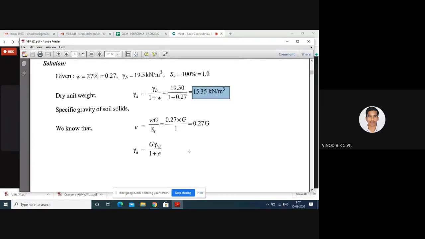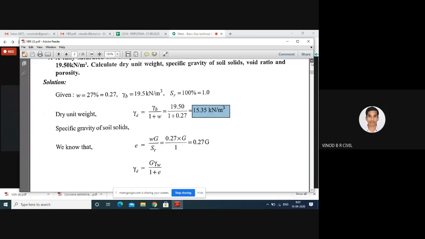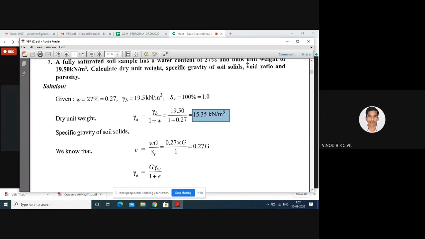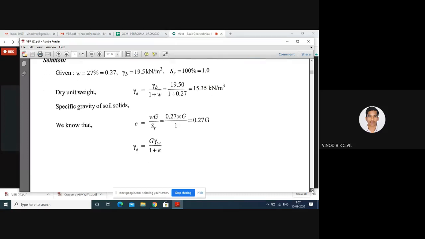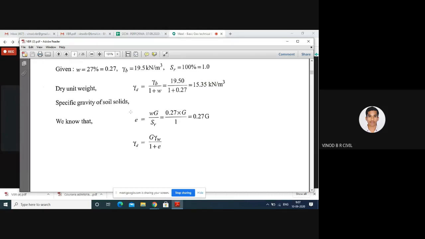Now the specific gravity of soil solids. In the problem we have to calculate the void ratio, e. Void ratio is denoted by e. e is equal to w into G divided by SR. w given in the problem is 0.27, and we don't know the value of G; the problem does not mention the G value.